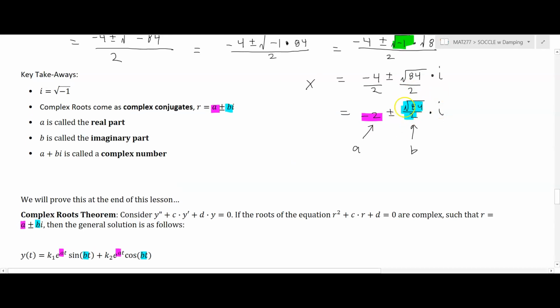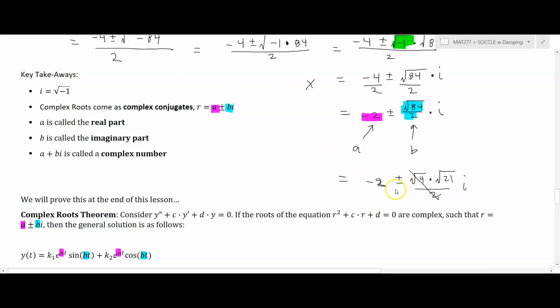And it turns out that you can actually reduce this further. -2 plus or minus, you can actually break up 84 into two factors, the square root of 4 times the square root of 21, and that's over 2, times i. Square root of 4 is 2. 2 over 2 cancels, and so you see we get, not -2 over 2, just -2.